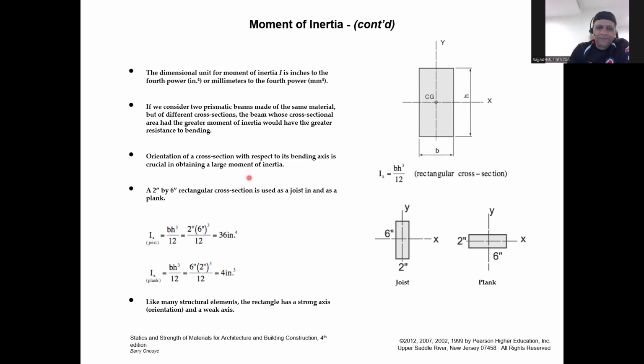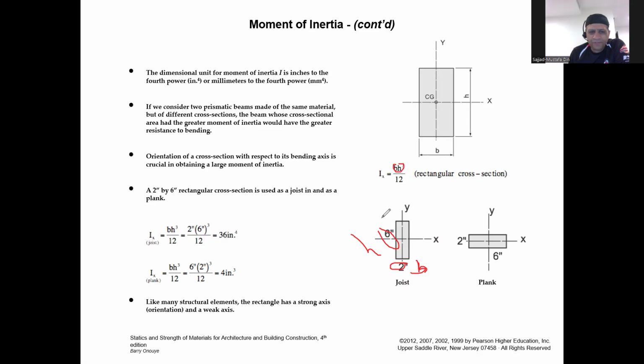Okay, let's take a look. If we've got a 2-inch wide, 6-inch tall joist, what will H be? Let me point that out to you. This will be H, and this will be B, which is what we use in this formula.